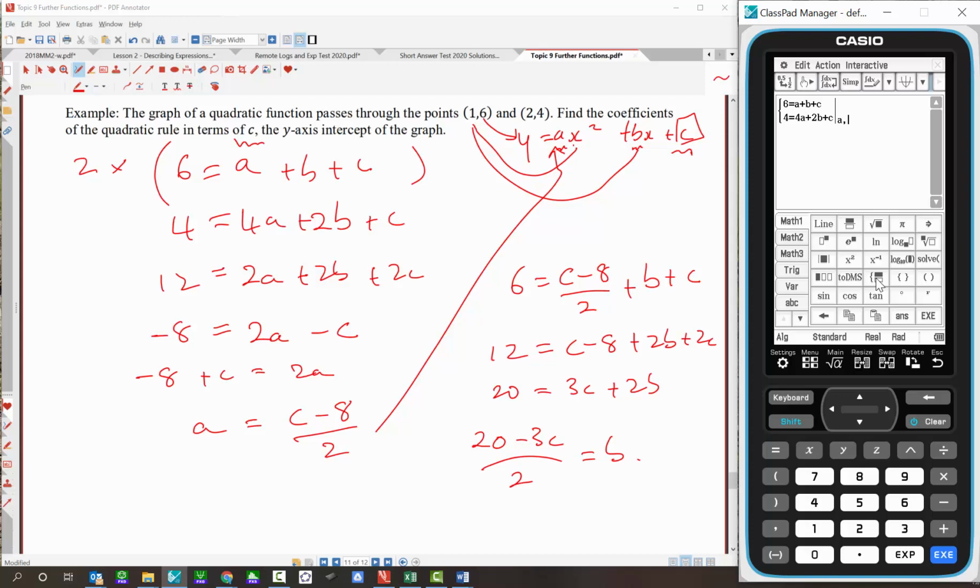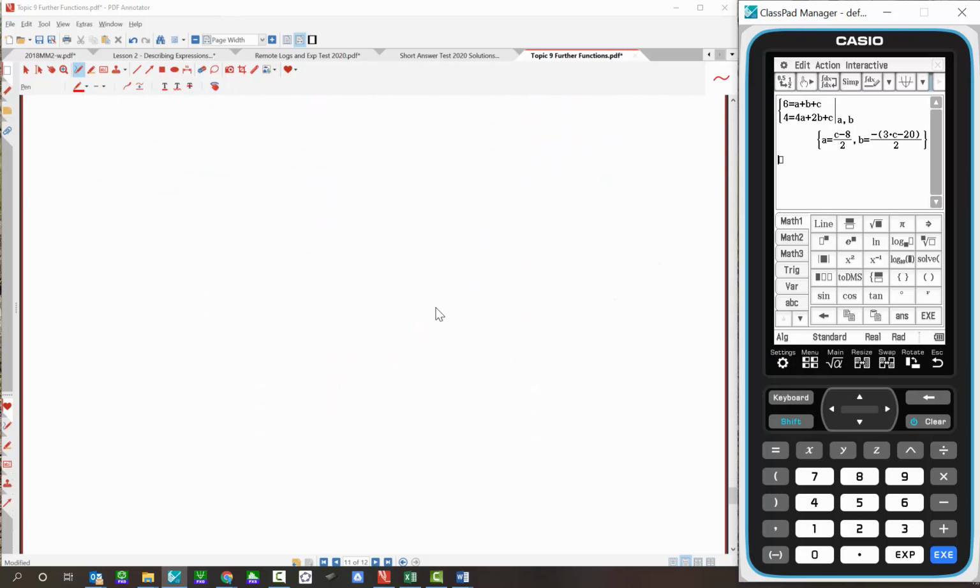And we're solving for a and b. We want to find out what a and b are. All right, and a is equal to c take 8 on 2, so that checks out. This one here, what have they done? Just yanked a negative out. All right, yep, so there you go.